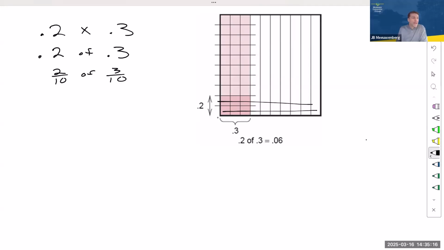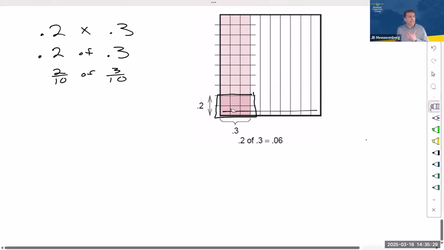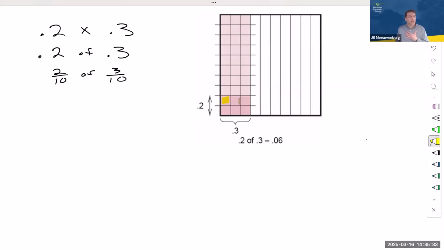So we're looking at where that overlap is between 2/10 and 3/10. And what does that realize? It is 6/100. If I erase the little shading that I did, you can count them, right? You can see that those squares, 1, 2, 3, 4, 5, 6, all represent a hundredth. And so 2/10 of 3/10 is 6/100.